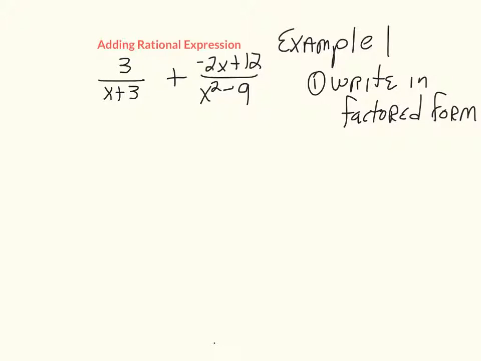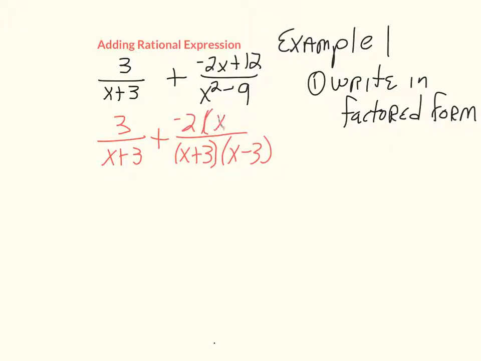So I'm going to rewrite this first expression in factored form and nothing changes. In the second expression, I can factor the denominator into x plus 3 times x minus 3 and the numerator into a negative 2 times x minus 6.